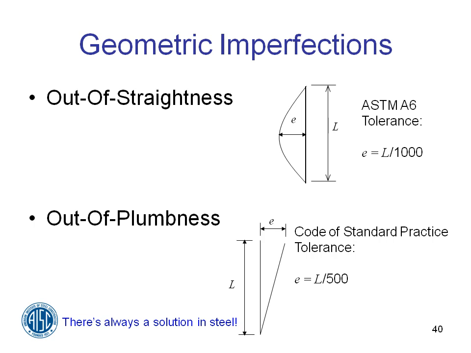The out-of-plumbness is specified by the Code of Standard Practice. It says the column can be erected out of plumb an amount L over 500. This has not been incorporated in the past. It was brought into the specification with the 2005 specification, and its use is the same in the 2010 specification. So these are the geometric imperfections that we will want to consider.